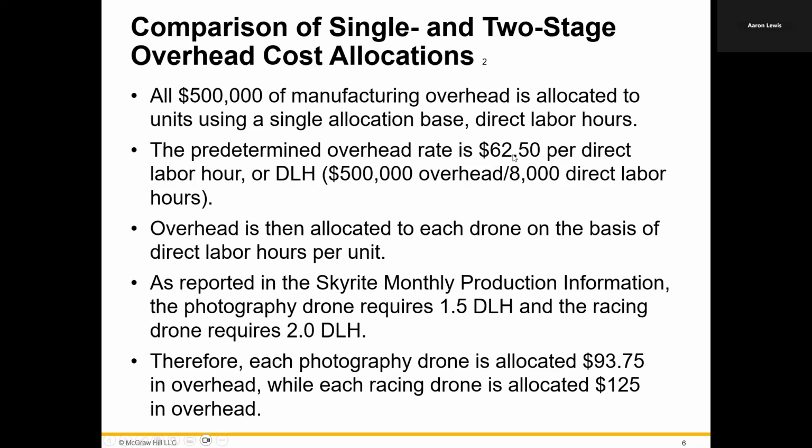For the other model, our racing drone, it's $62.50 per direct labor hour, with each one of those taking 2 hours. That means every racing drone that we produce is going to assume that we spent $125 in overhead costs to manufacture it. So the racing drone is getting more, but it's not a huge difference spread between the two.